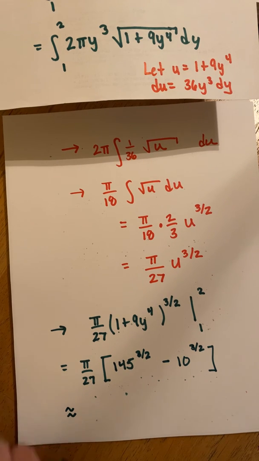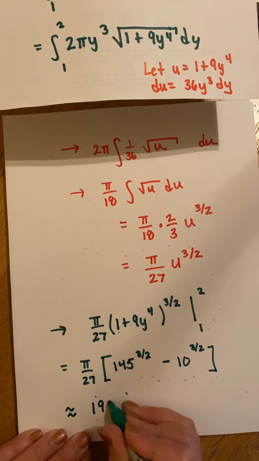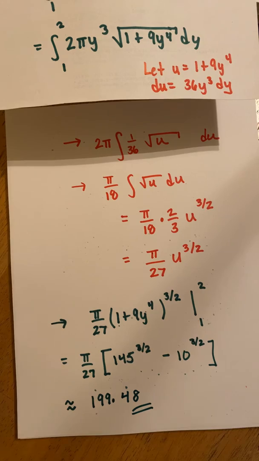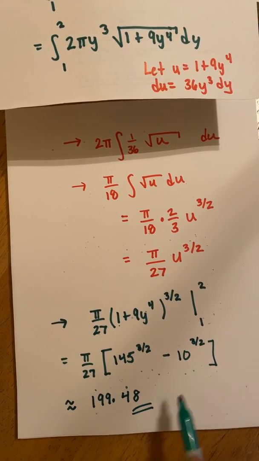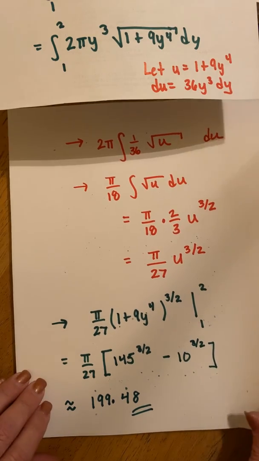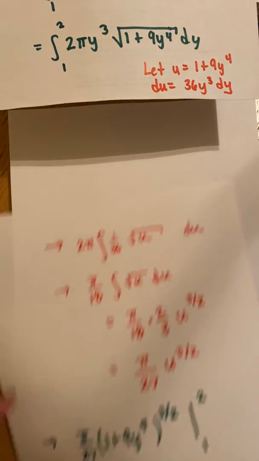So 145 to the 3/2 minus 10 to the 3/2. We're going to do times pi and divide that by 27. And it's about equal to 199.48 if we round to 2 places after the decimal. So these aren't nice numbers. There's no really nice way to simplify that, but the purpose is to get the process here and practice your integration. So that, guys, is 8.2.